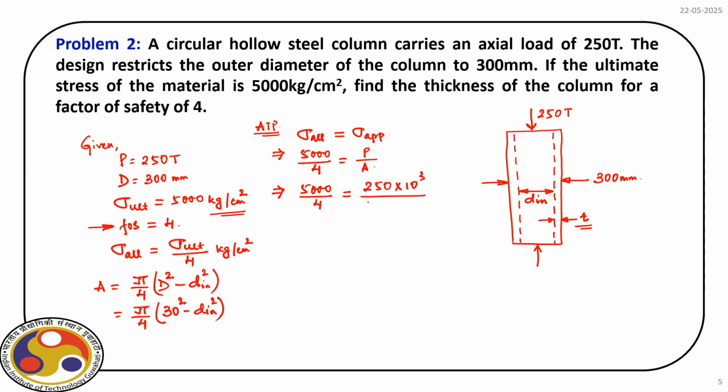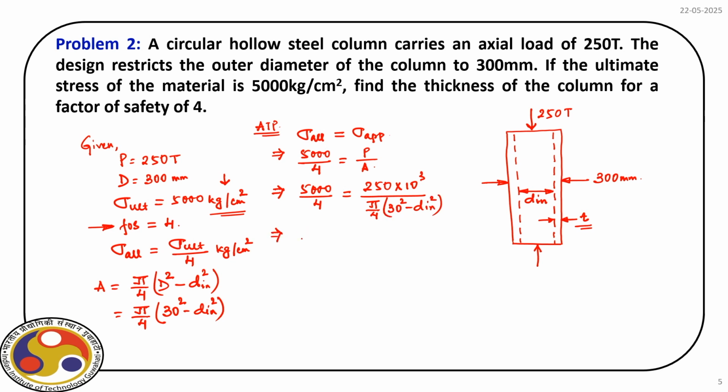We have to express in consistent units. So, it is kg per centimeter square, and then the expression of A is pi by 4 times 30 square minus d in square.